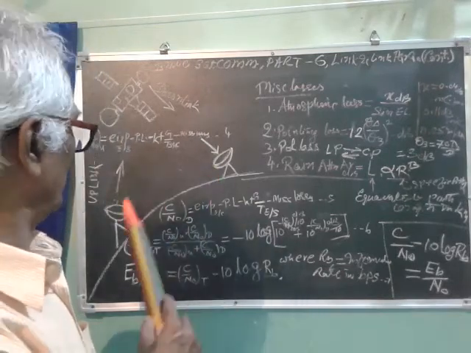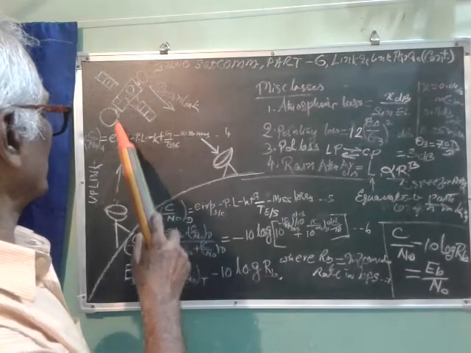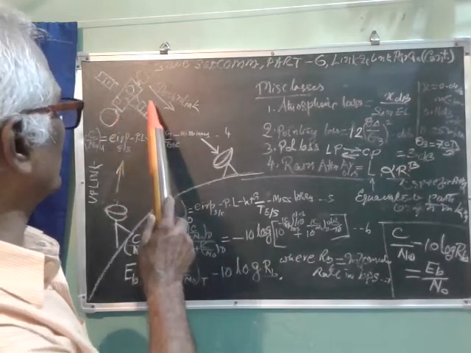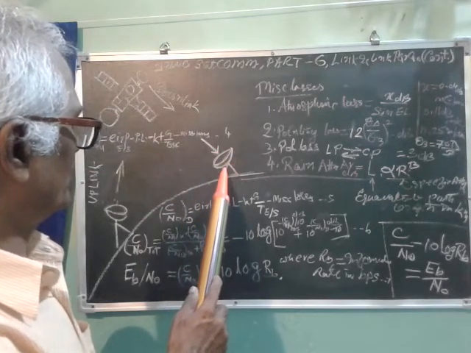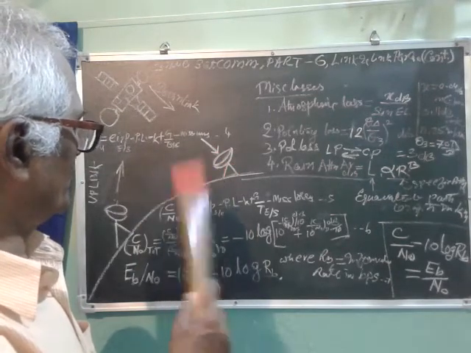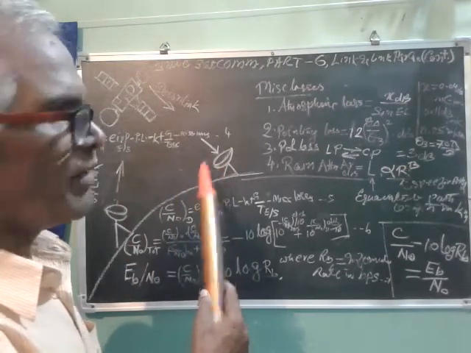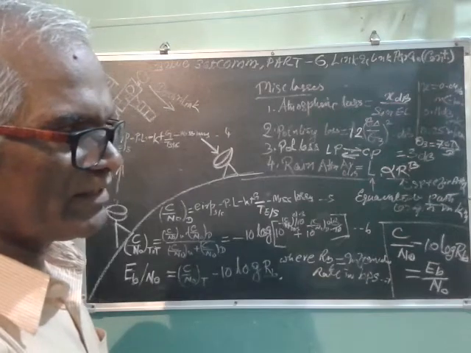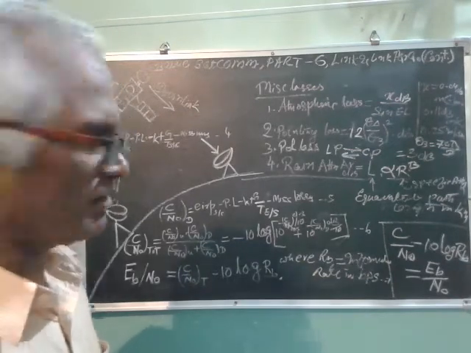Then when we transmit, we calculate C by N uplink, and in downlink we calculate C by N downlink. Generally both, as combined parameters, have an effect on processing the information.